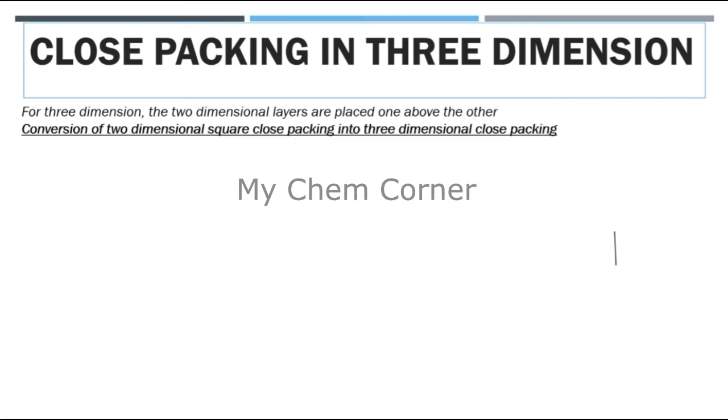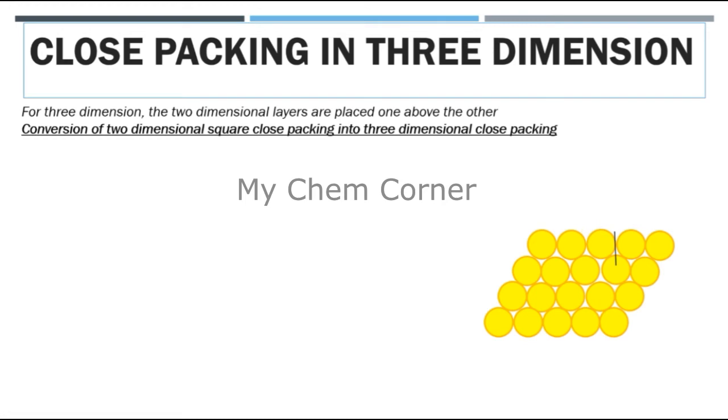So here the first thing is conversion of a 2-dimensional square close packing into a 3-dimensional square close packing. So what do you mean by square close packing? The very first thing that we learnt under 2 dimension, AAA type of arrangement. So here I've just taken a 2-dimensional square close packing and then I've just tilted the entire thing.